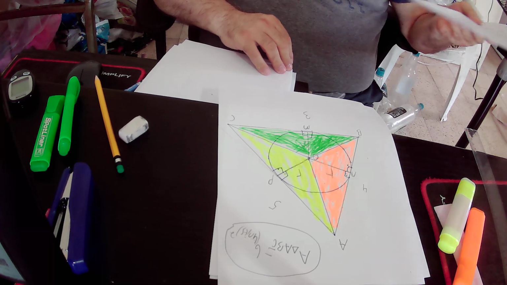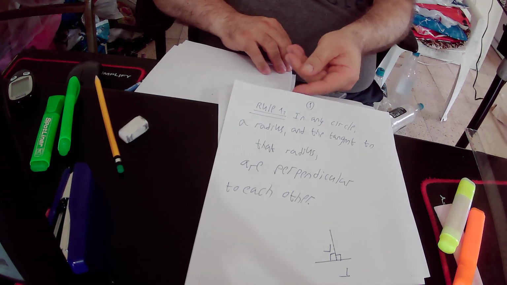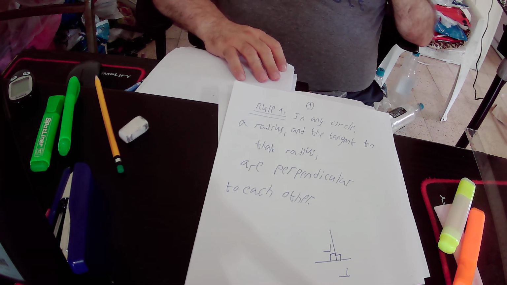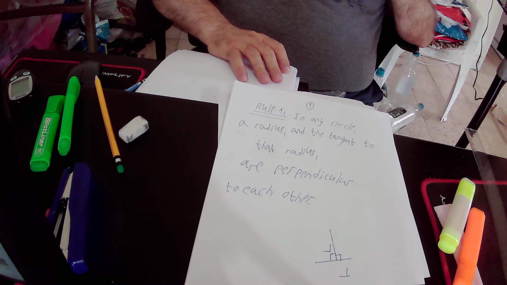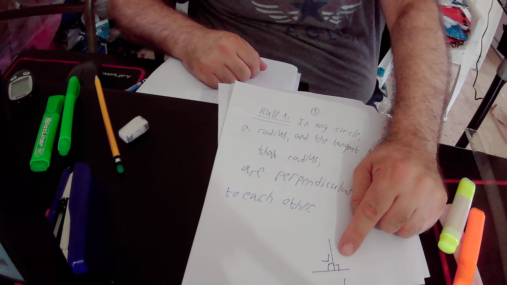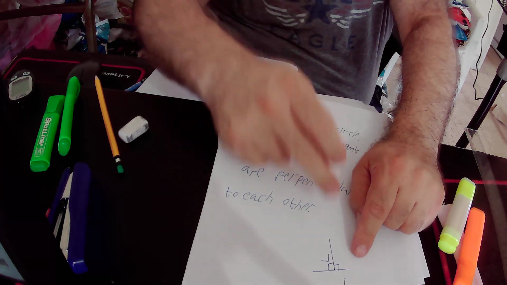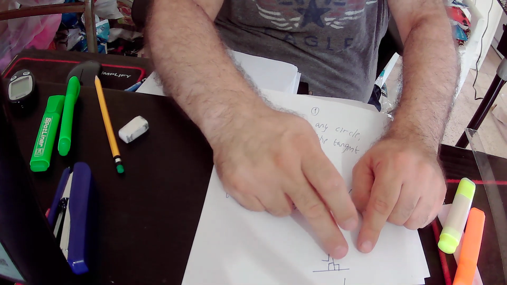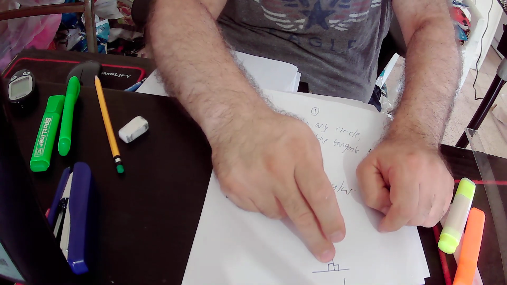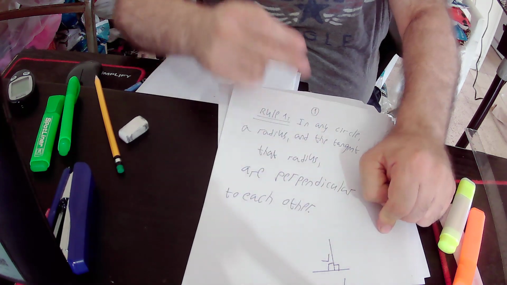Then we have rule number 1, which states that in any circle a radius and the tangent to that radius are perpendicular to each other. So if we have a radius, which we defined as R, and a tangent to that radius, then the radius is perpendicular to the tangent. That is to say, this angle is 90 degrees and this angle is also 90 degrees.